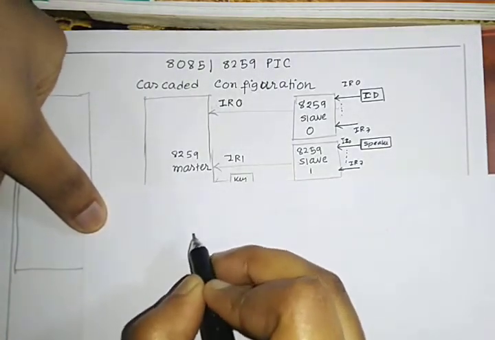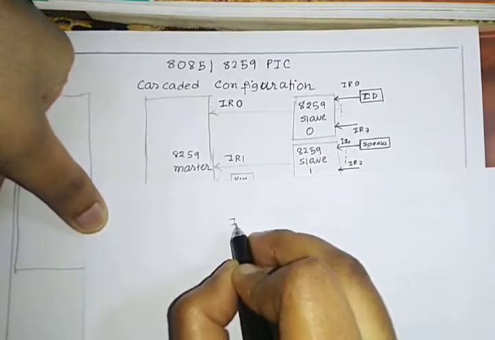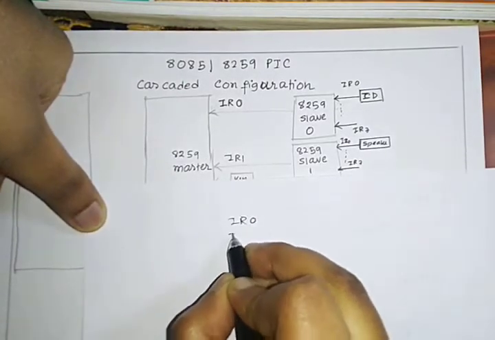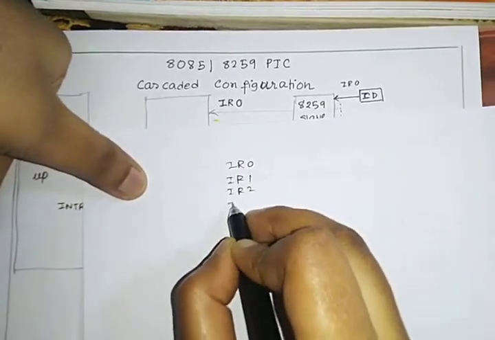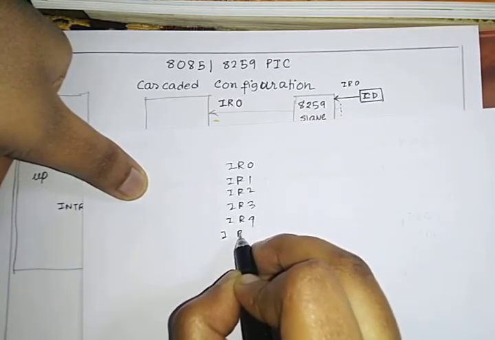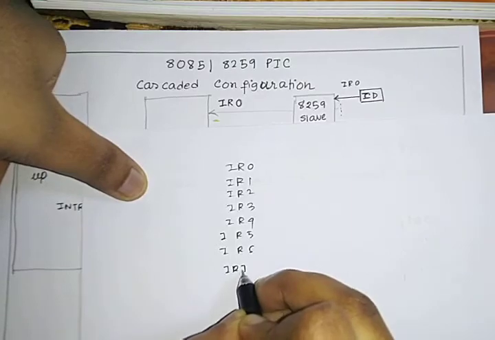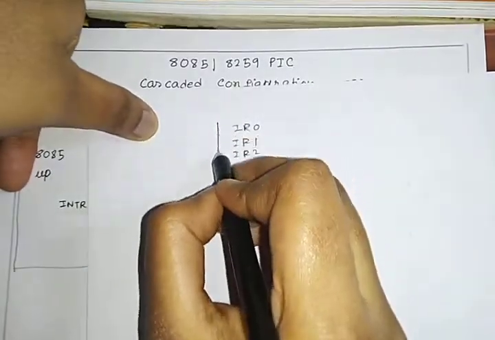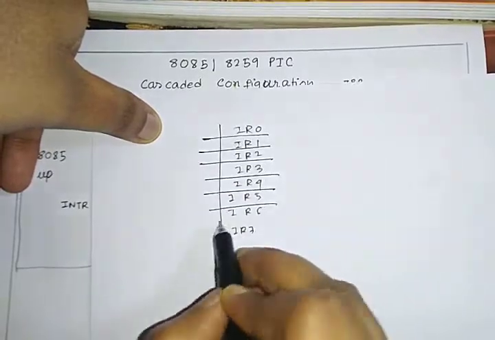Suppose first I am talking about addresses. So this is my master. There are 8 ports, right? 0, 1, 2, 3, 4, 5, 6 and 7. These are 8 ports. For that I have to initialize.